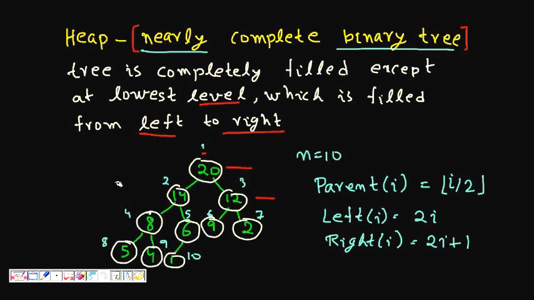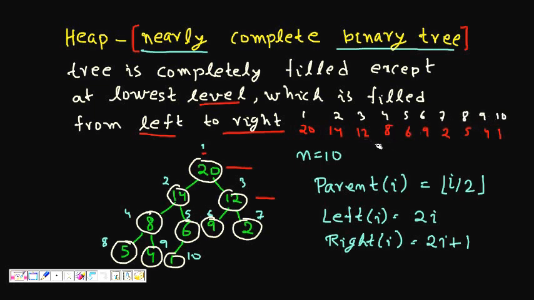So when we make an array, this has 10 nodes. So if we make an array, it is 20, 14, 12, 8, 6, 9, 2, 5, 4, 1. These are the numbers, and if we give them the index, it is 1, 2, 3, 4, 5, 6, 7, 8, 9, 10.